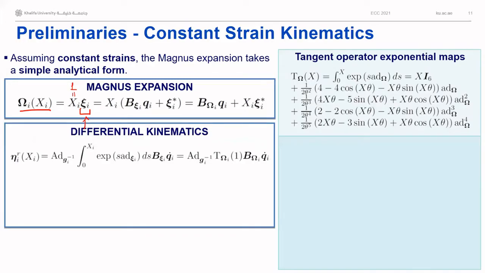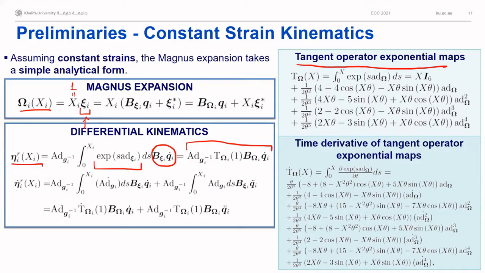Now, the consequence on the differential kinematics is that not only can you pull out the strain from your integral, but also you can express the adjoint with this form, exponential of the adjoint operator, which is also the tangent operator of the exponential map that is reported here. So we have now an analytical formulation for the relative velocity.